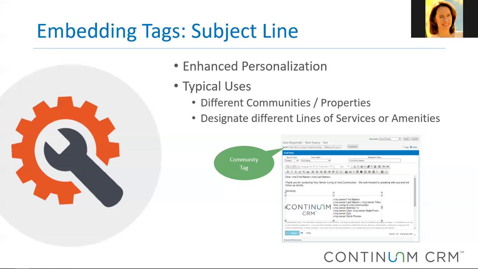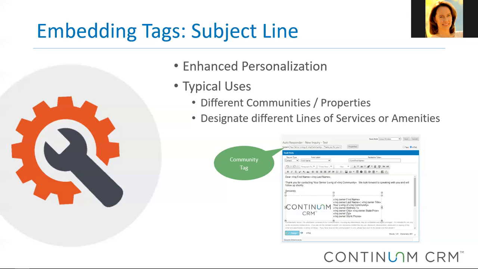We have the ability, and we're just calling it embedding tags, to create personalized emails so that when the email goes out to your contact, it says, Dear Lynn, Dear John, Dear Jane. We're subbing in their first name or information that we know about them.